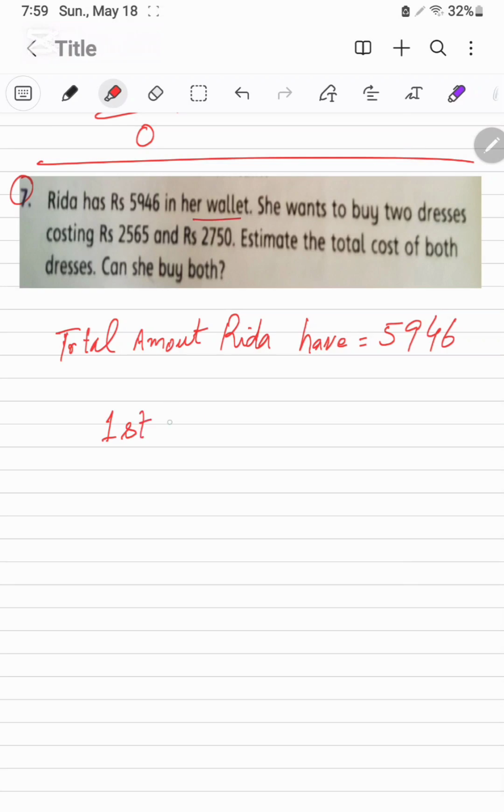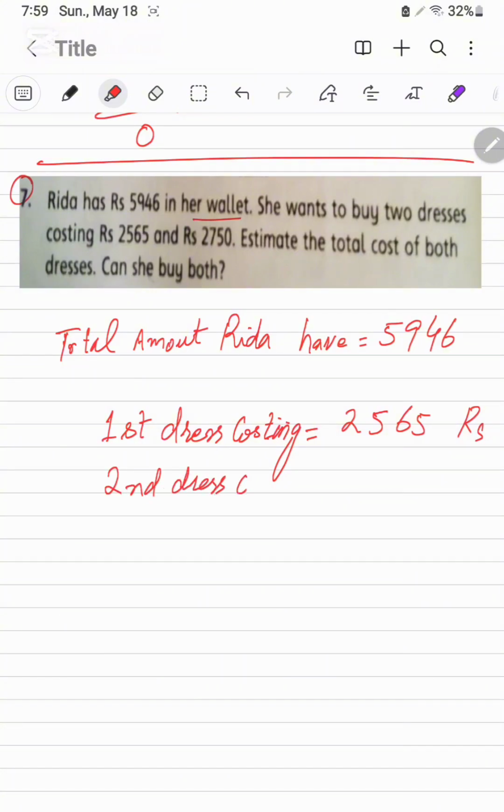First dress costing, it is 2,565 rupees, and second dress cost, it is 2750.